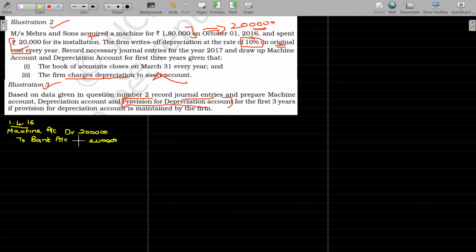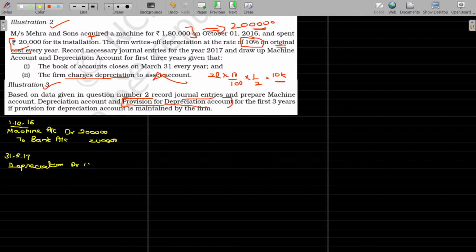By the year end, 31st March 17, depreciation will be provided on this, only for half year. Because it's purchased only on 1st October to 31st March, it's only half year. 2 lakhs into 10% for half year you have to calculate.